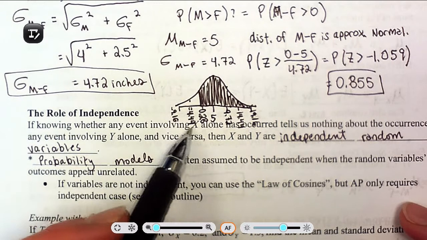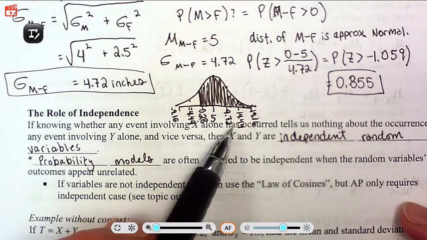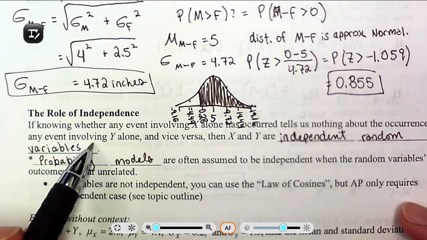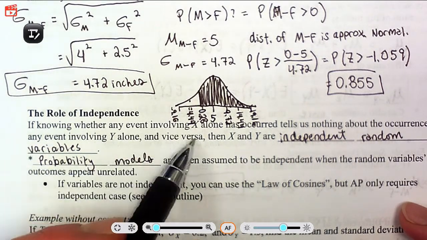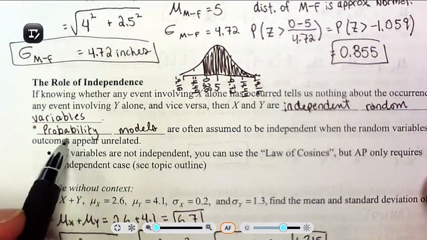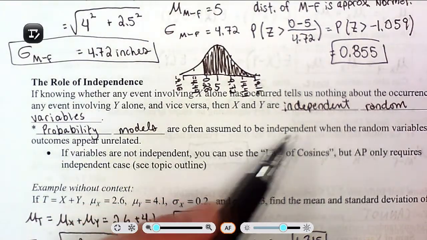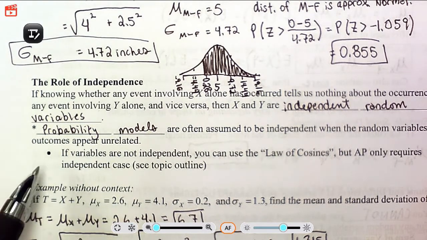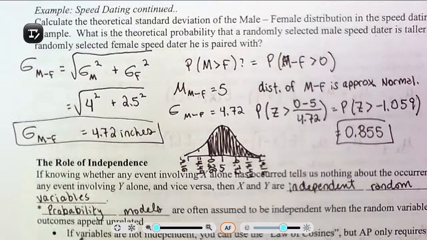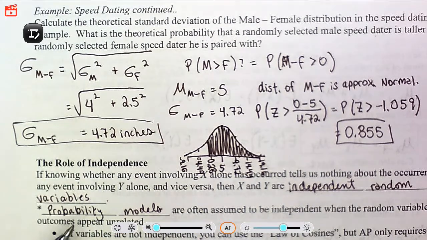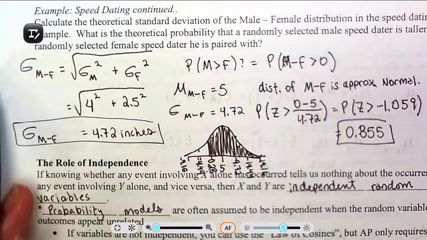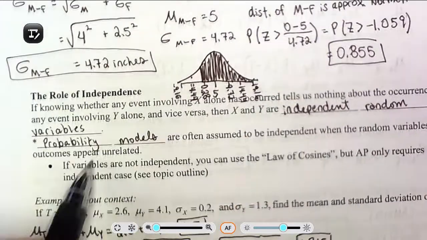The rule of independence. If knowing whether any event involving X alone has occurred tells us nothing about the occurrence of any event involving Y alone, and vice versa, then X and Y are independent random variables. Probability models are often assumed to be independent when the random variables' outcomes appear unrelated. So the two events, male's height and female's height, seem unrelated and independent, and that's important in order to calculate the standard deviation.